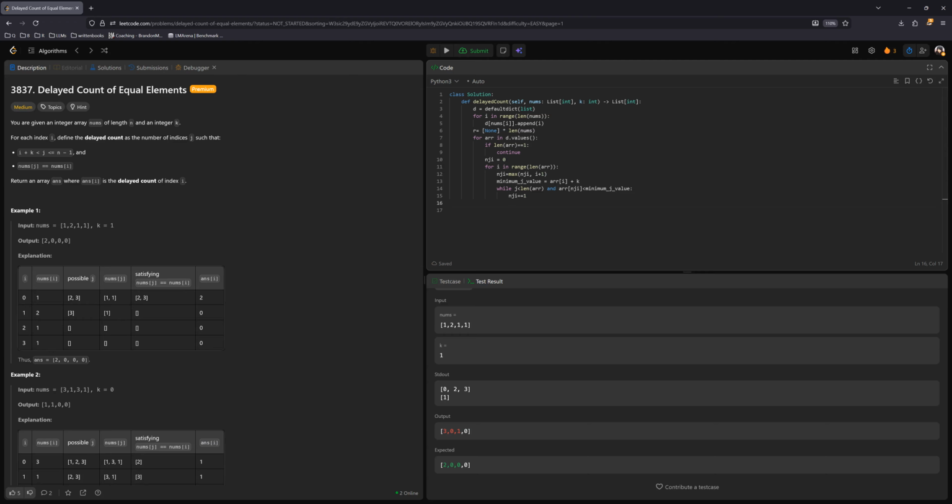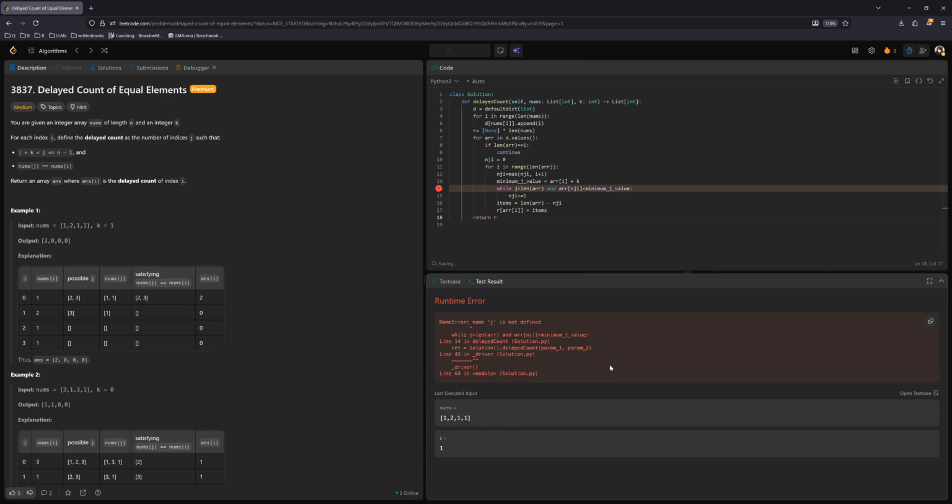Right? And we need to know the items that are located there is going to be length of ARR minus next J index, and that's what we're going to return for the index of I. Right? J is not defined.